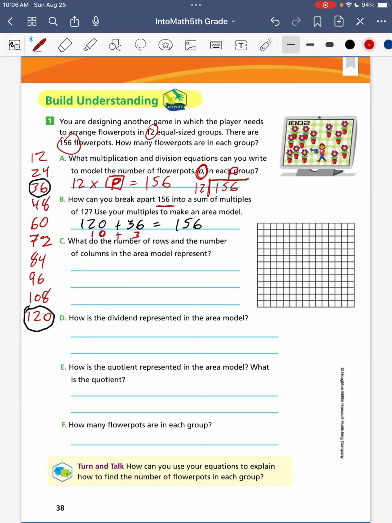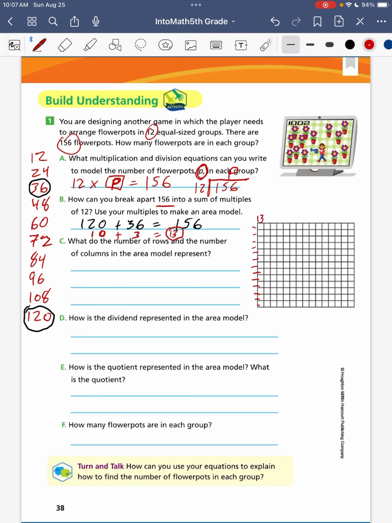These partial quotients mean that I can have 13 rows for our flower pots, or 13 groups for our flower pots, I should say. In this grid, I can count out 1, 2, 3, 4, 5, 6, 7, 8, 9, 10, 11, 12, 13. Each row has 13 in it.